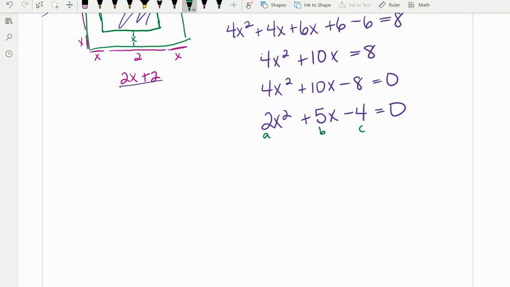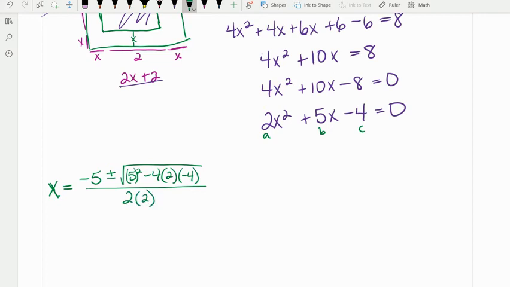So there's my a, b, c. x equals the opposite of b, so negative 5, plus or minus the square root of b squared, so 5 squared, minus 4 times a times c, which is negative 4, all over 2 times a, which is 2. That gives us negative 5 plus or minus the square root of 25.